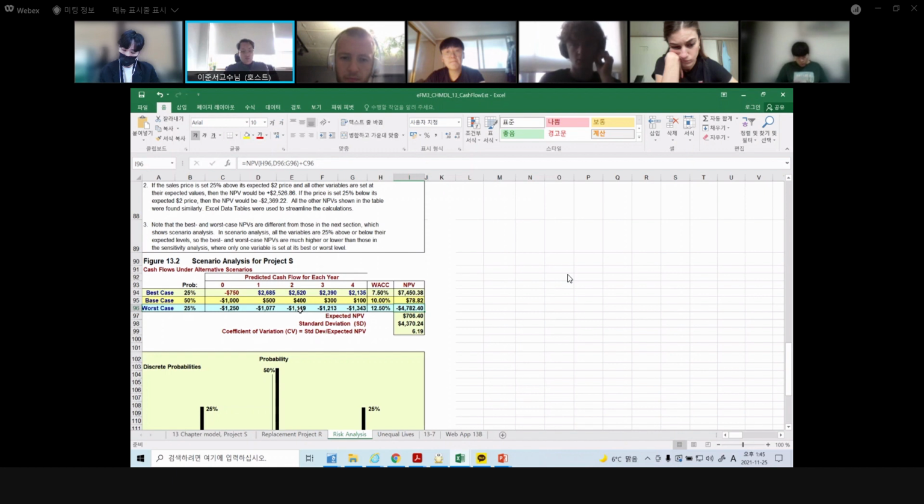So in scenario analysis, we can separate the steps. Four steps, right? The first step is to calculate the net present value of each scenario, right?